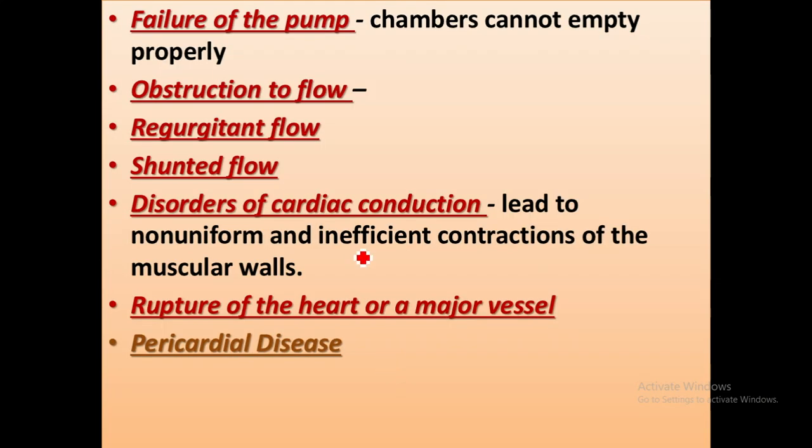So, shunted flow. Or there is disorder of cardiac conduction, for example, atrial and ventricular fibrillation results in non-uniform and inefficient contraction of the muscular wall.